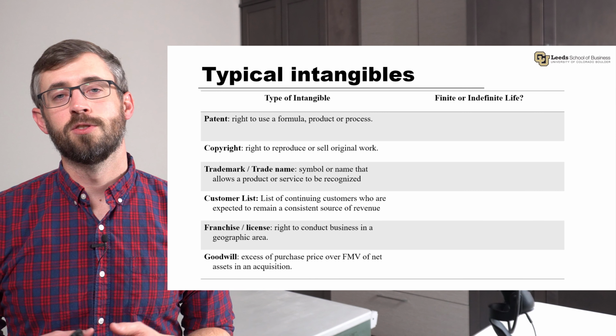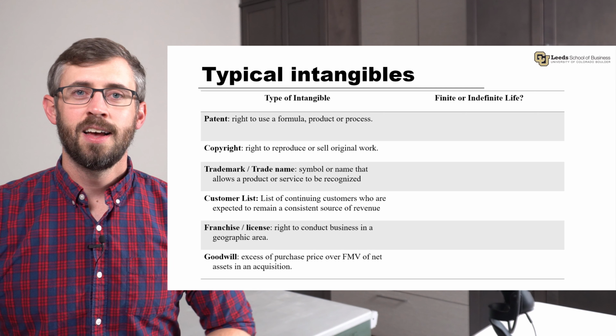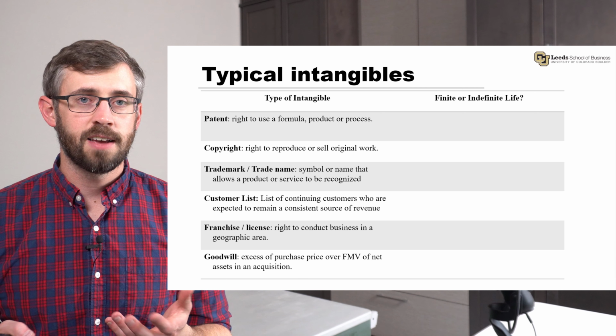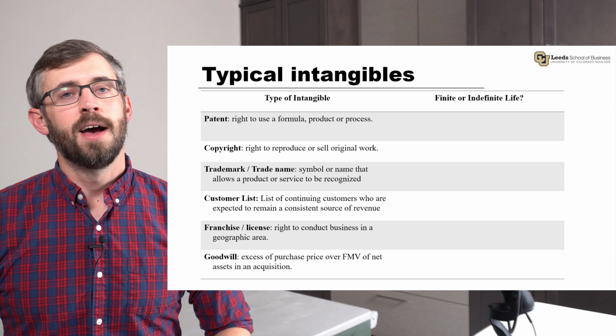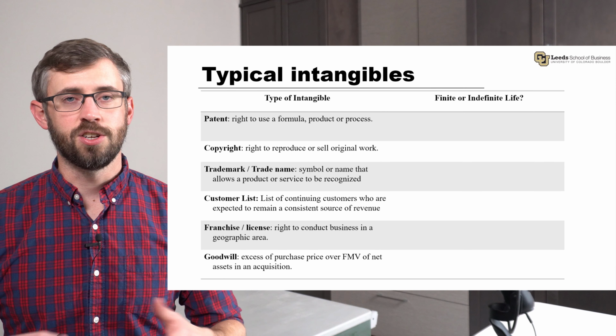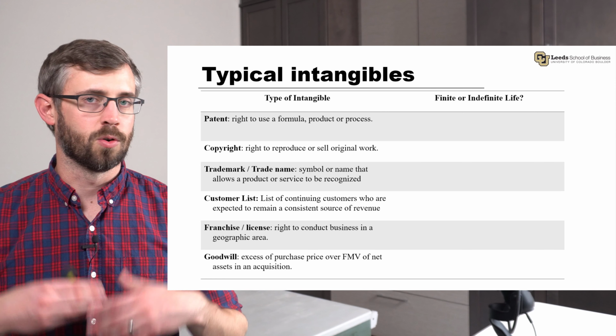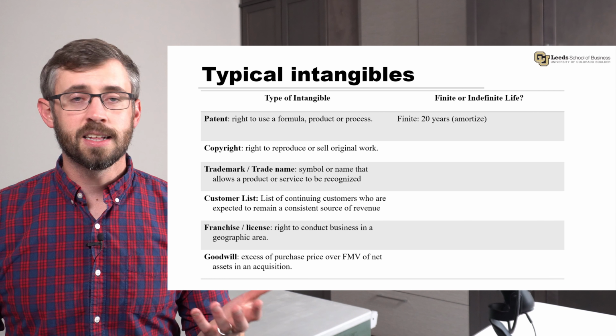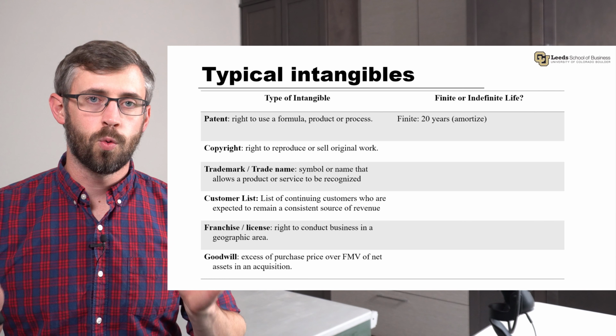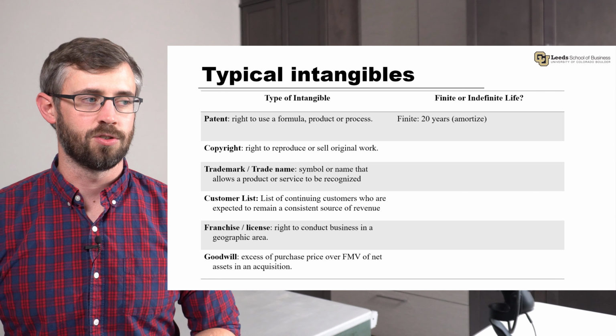So let's start by taking a look at our common intangible assets and whether these things have a finite life or an indefinite life. Patents, we know, are a right to use some sort of formula, product, or process. Legally, these are restricted to a 20-year period that you have that exclusive right.